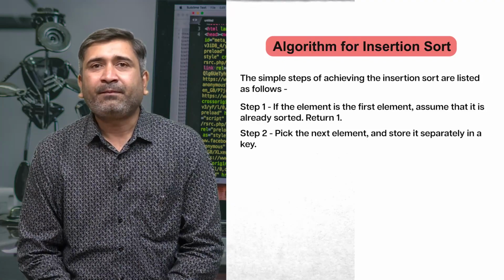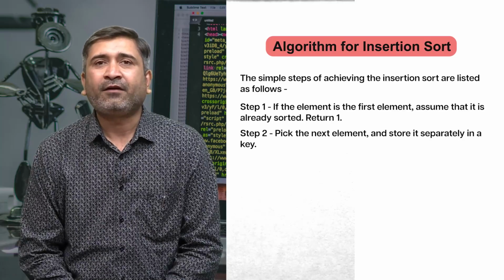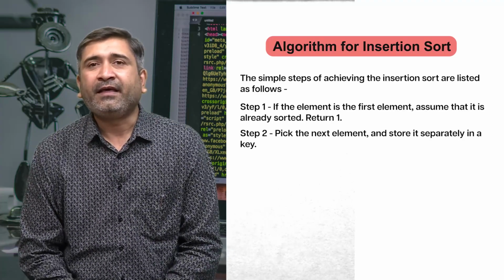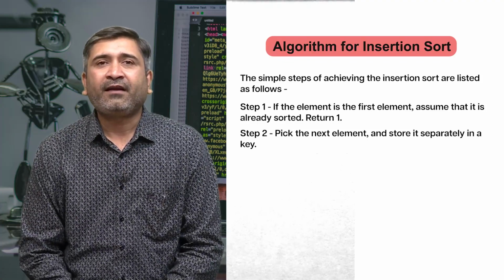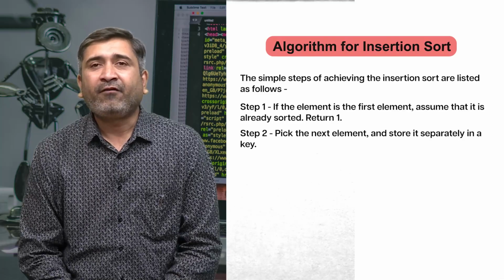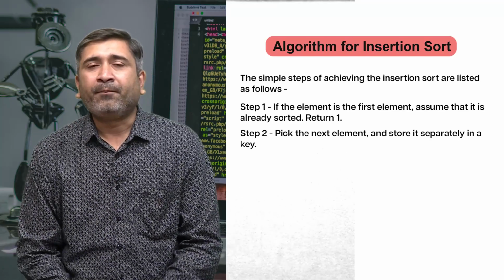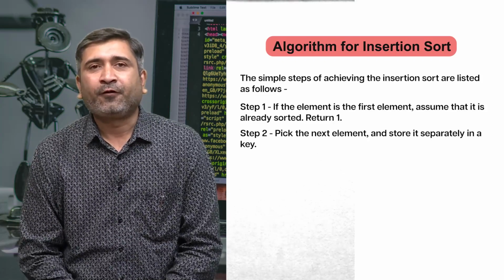In the second step, we pick the second or next element and store it in a key. Key is nothing but a temporary variable where we store an element. This key will help to compare the value at the time of writing a program.